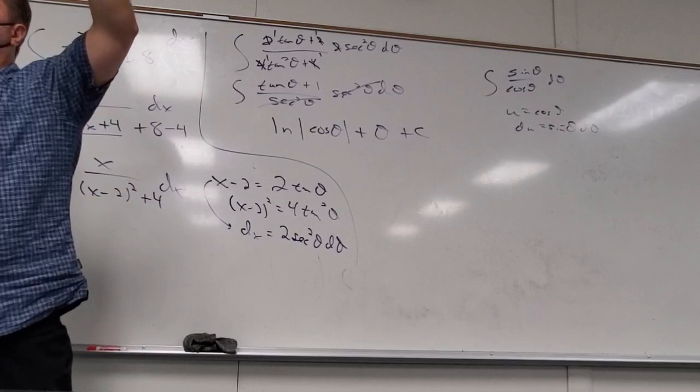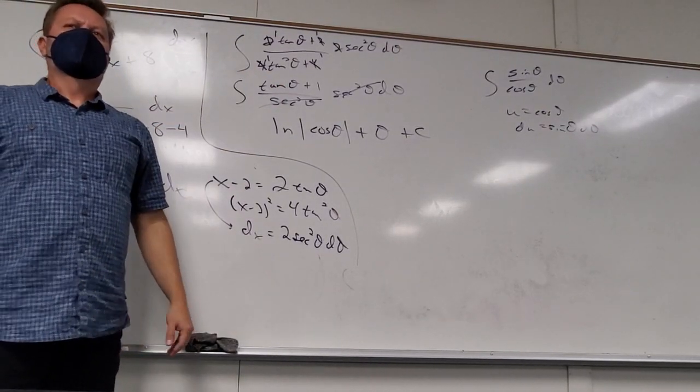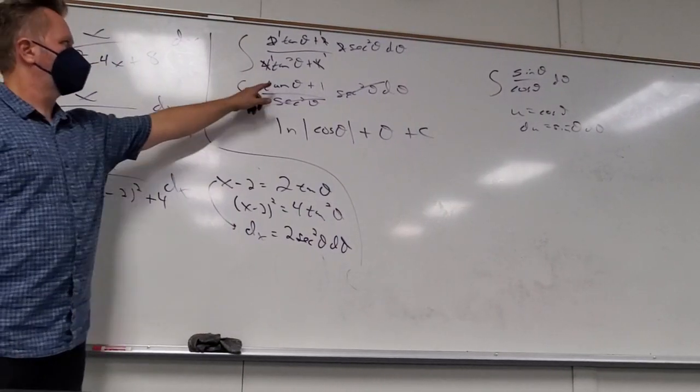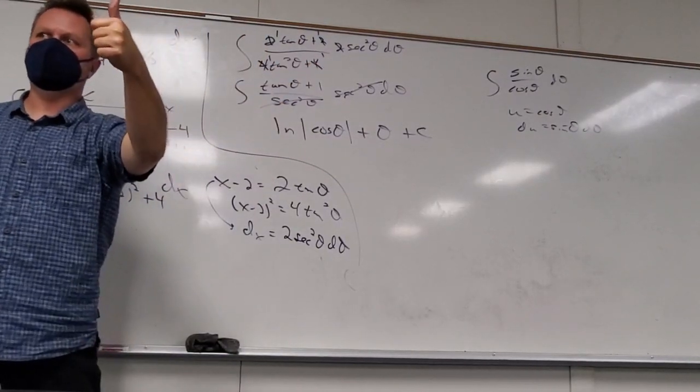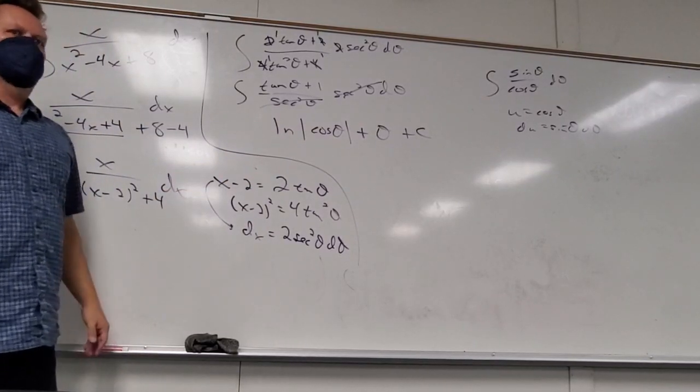So I prefer positive natural log of cosine. I would feel completely comfortable giving you this, because you could just write it in terms of sine and cosine and use a u-sub. You don't have to memorize natural log of cosine, though you can if you want to.